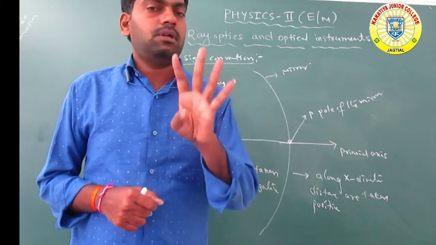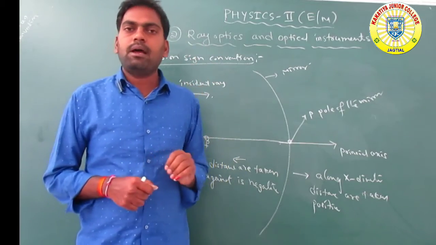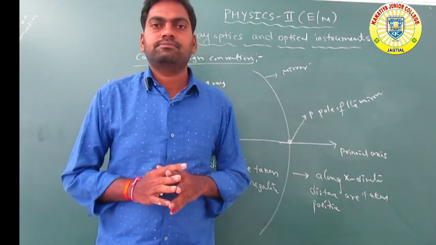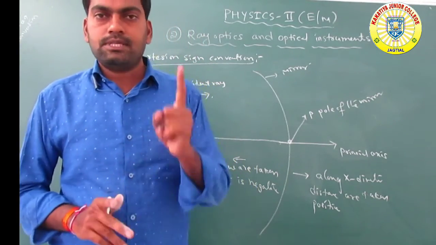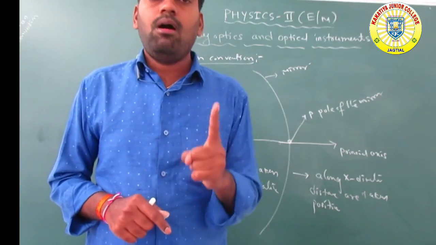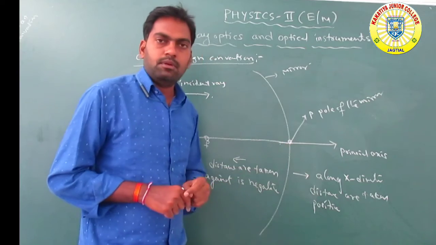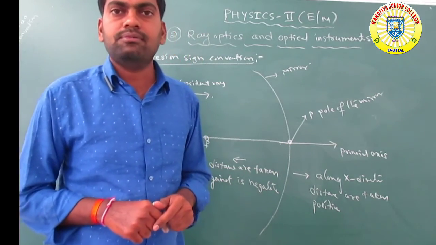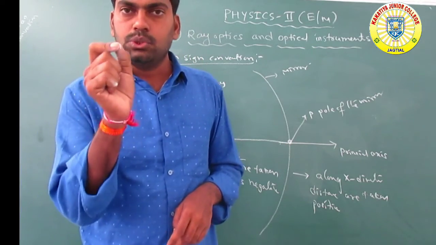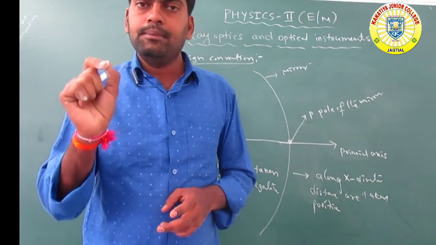So the four rules apply to lenses or mirrors. The first point: all distances are measured from the pole of the mirror.